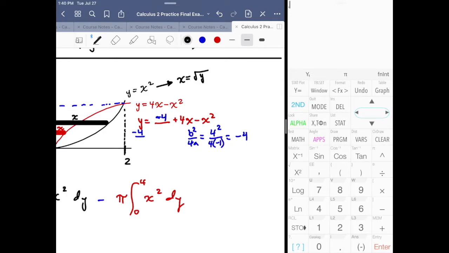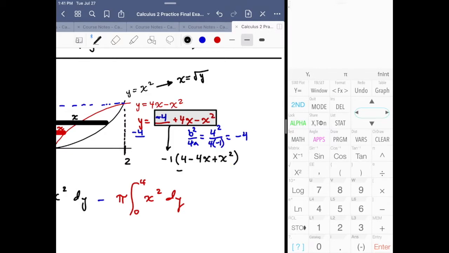So if you're already thinking, well, I like that cylindrical shell method better, I hear what you're saying. All right, so I need to factor out a negative. So 4 minus 4x plus x squared.